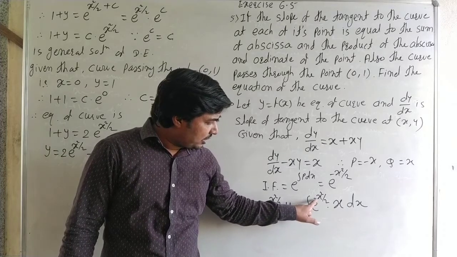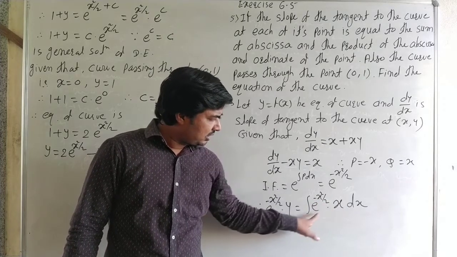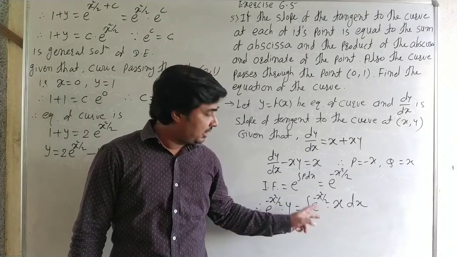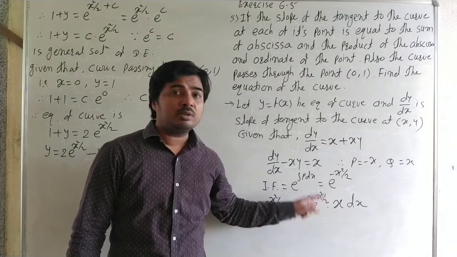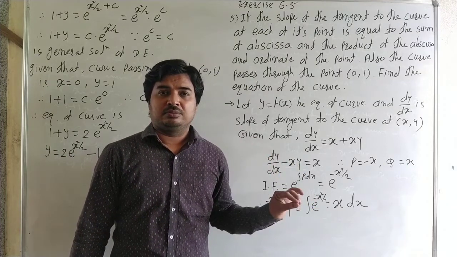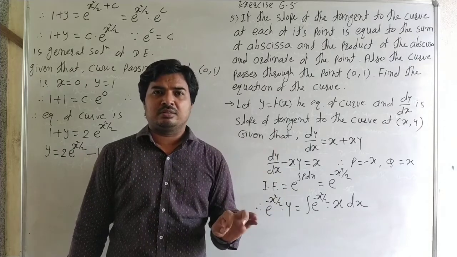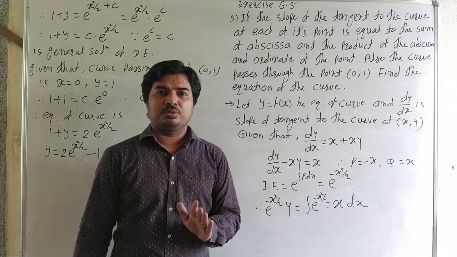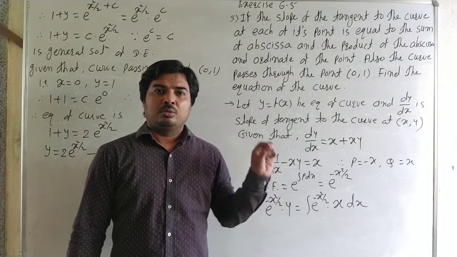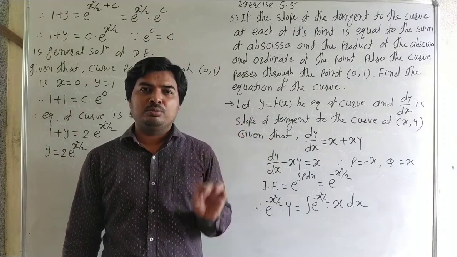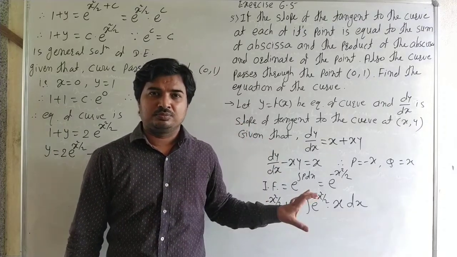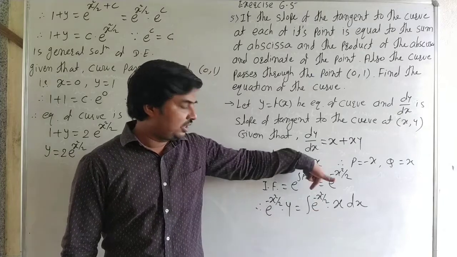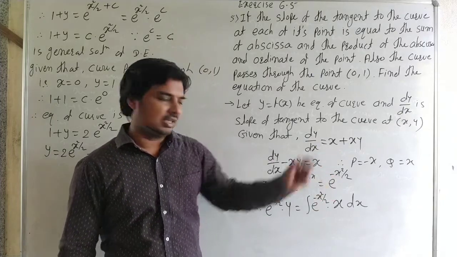Here e to the power minus x square by 2 into x is a product of two functions, but e to the power minus x square by 2 is a composite function. e to the power x is standard, but e to the power x square by 2 is a composite function, and for finding the integral of a composite function we use substitution. By using the substitution we reduce it to the standard integral and then integrate it.